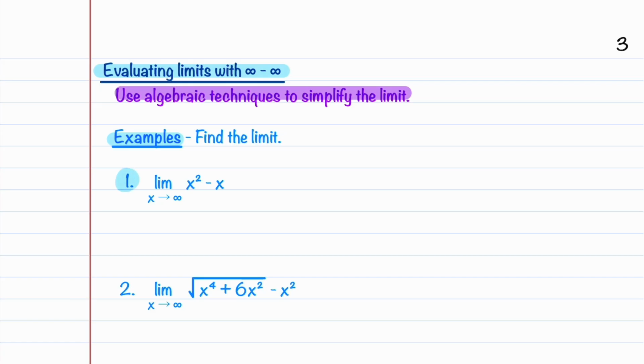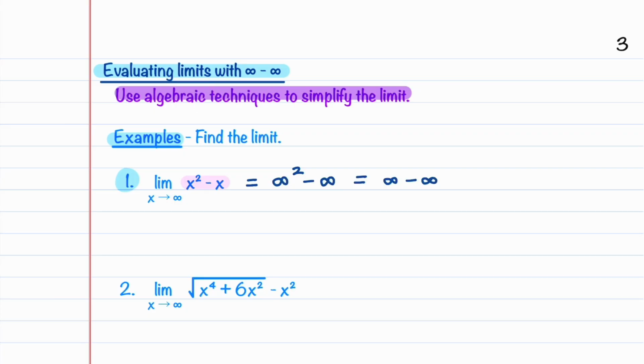The first thing we're going to do is plug in that x is going to infinity. So this is infinity squared minus infinity. And this is called the indeterminate form infinity minus infinity. What we're going to have to do now is look at our function, x squared minus x, and figure out how to simplify that. When I look at that function, I see that there is an x common to both terms.